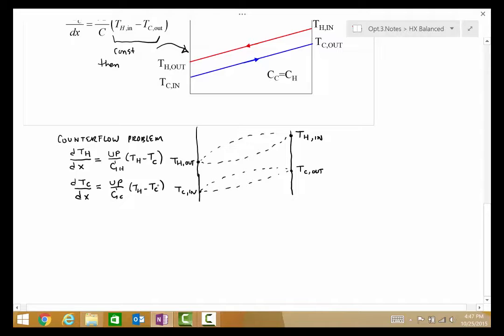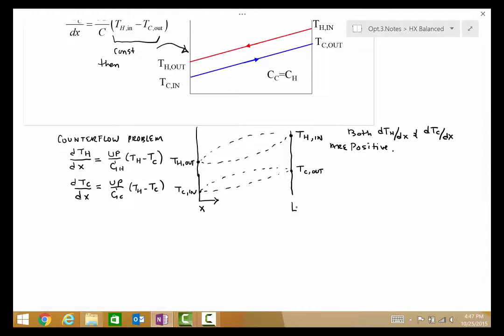So we know that dTH/dx and dTC/dx are both positive. As we go from small values of x to large values of x, the temperature is increasing for both streams.